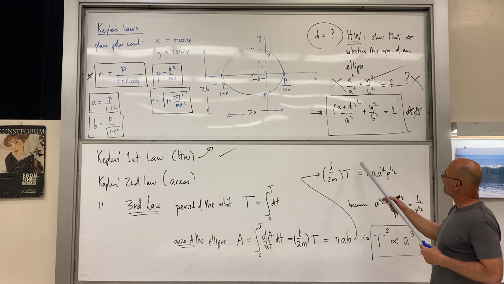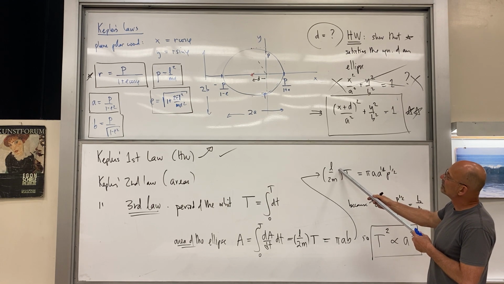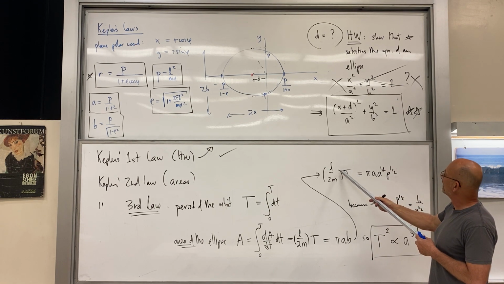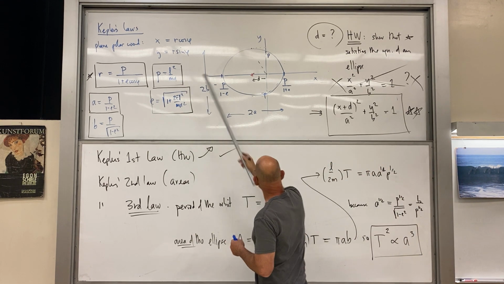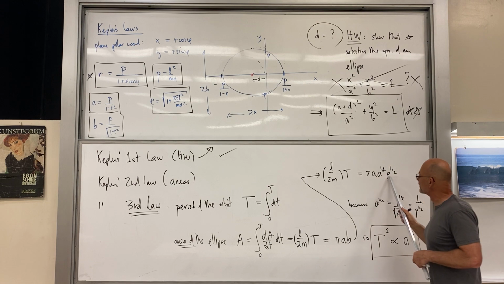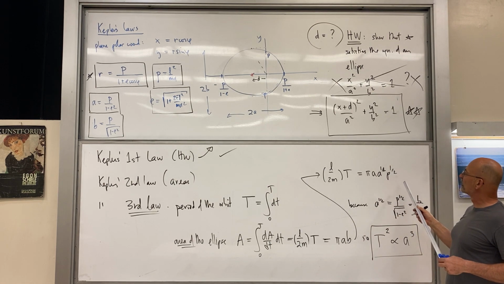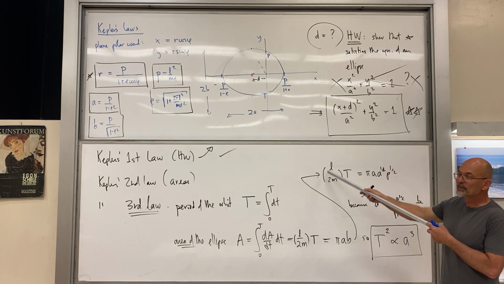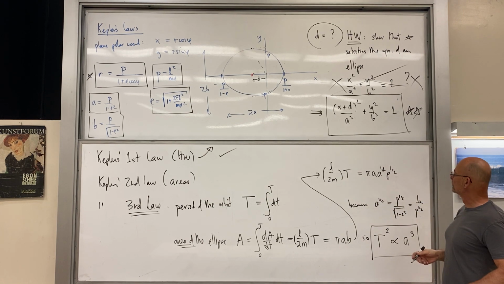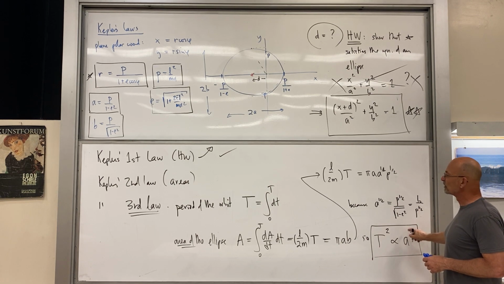You have p to the 1/2, and p itself can be expressed in terms of L, m, and alpha. So you can pull that square root of p out and then have a couple of other constants. Good, so that's Kepler's third law.